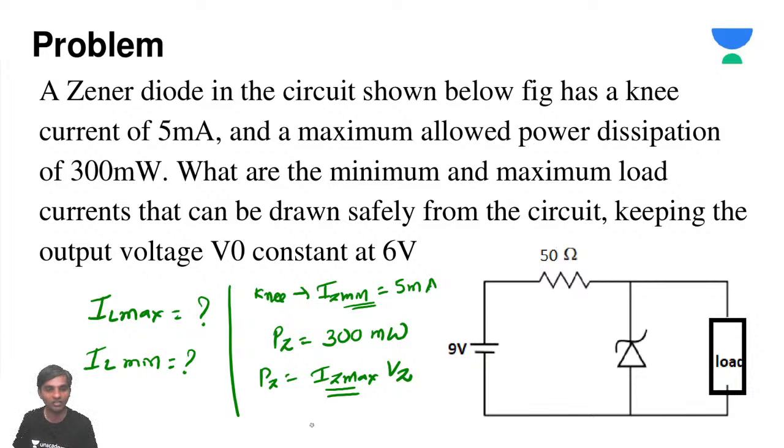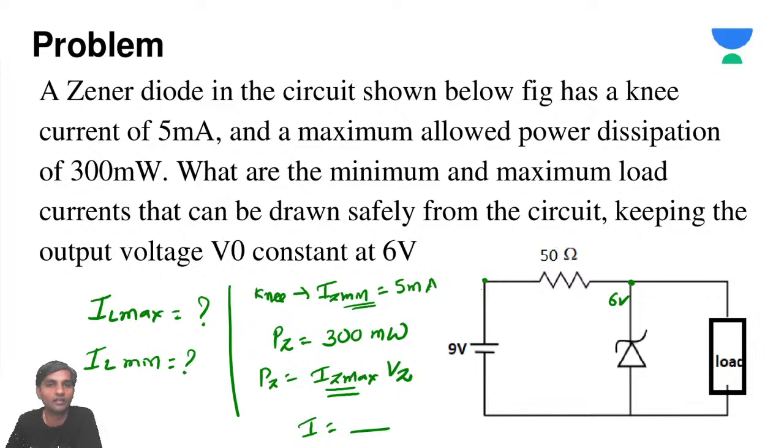Then calculate the value of I. How will you calculate it? This is the voltage and this is the voltage. This is 6 volts, this is 9 volts. So 9 volts minus 6 volts divided by 50, you will get the I value. If you get I, IZ minimum and IZ maximum, it is very easy to calculate IL minimum and IL maximum.